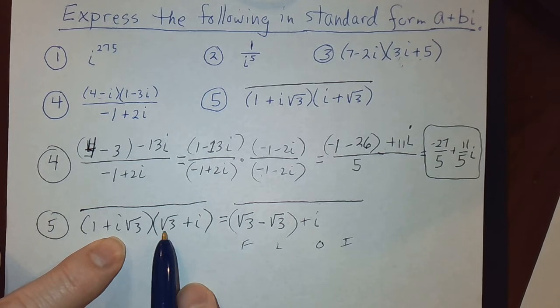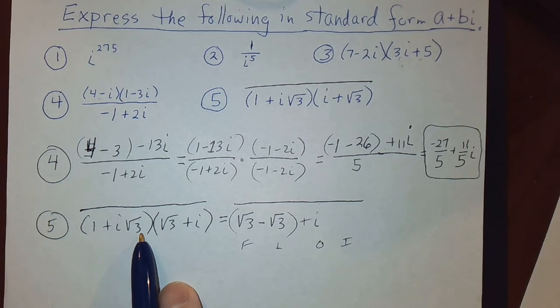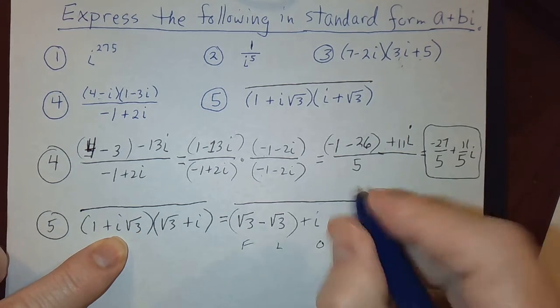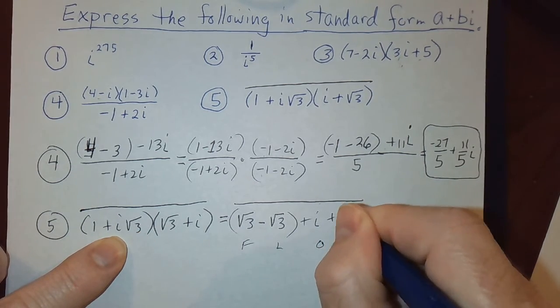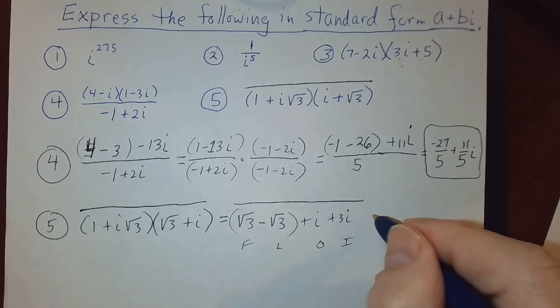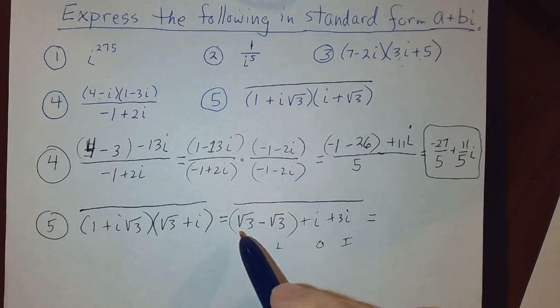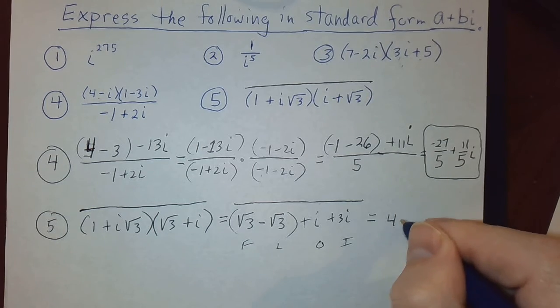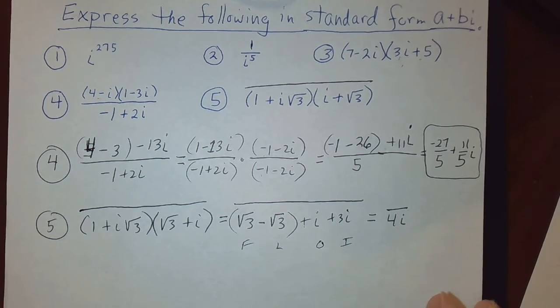Inner is radical 3 times radical 3i. Well, radical 3 times radical 3 is 3, so that's going to be 3i plus i. And that is equal to 0 plus 4i under the complex conjugate bar.